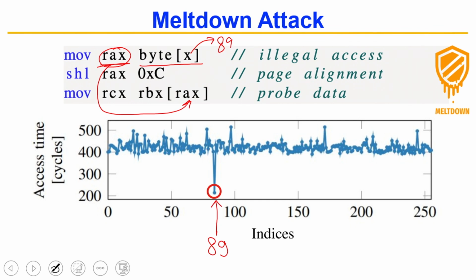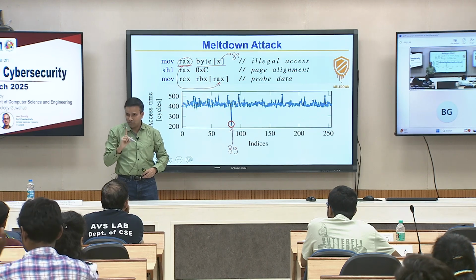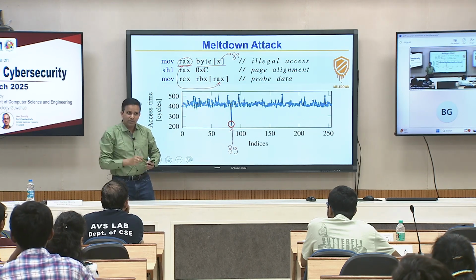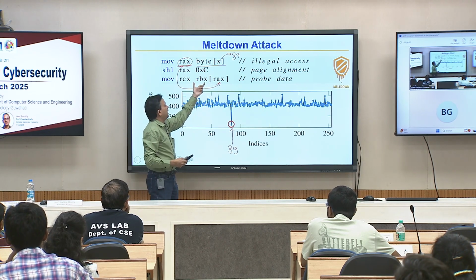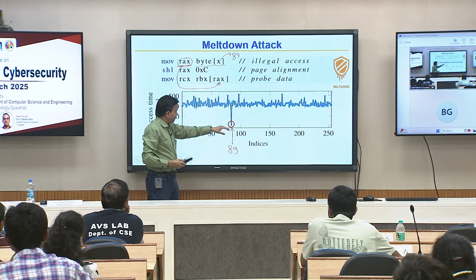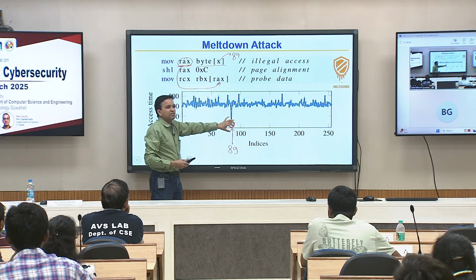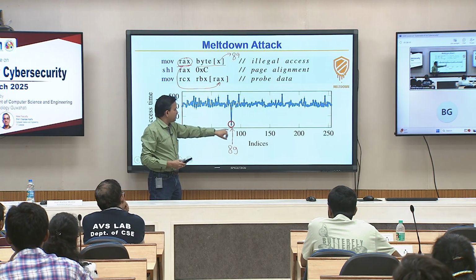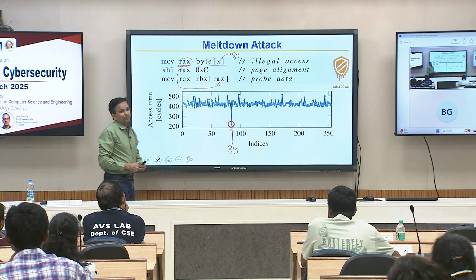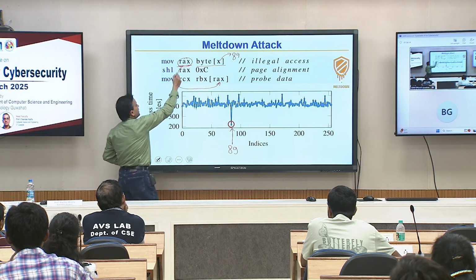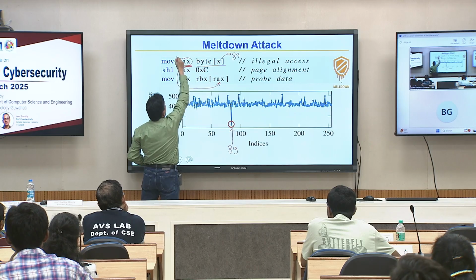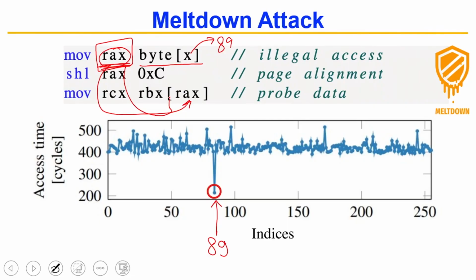To figure out the value, whatever location we figured out the victim process accessed, we use that location with another array, and whichever location becomes most recently accessed, that is the value. It is not a coincidence, and later within Spectre we will do the same; this and this are the same.